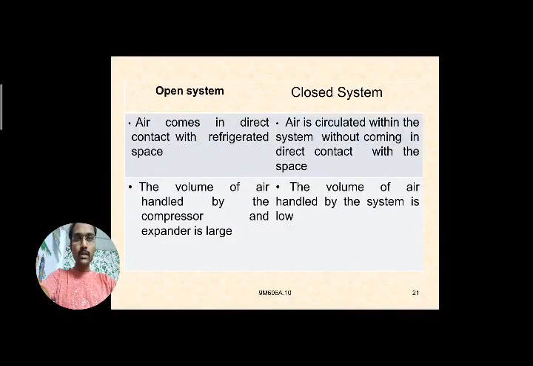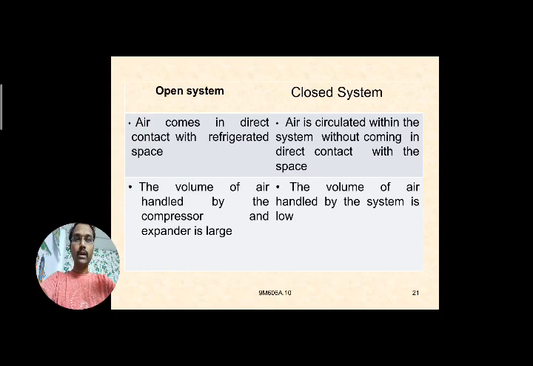In the open system, as we have seen, the air comes in direct contact with the refrigerated space. The air is directly supplied to the refrigerated space, and it makes direct contact with the substances present within the room. Whereas in the closed system, as we have seen in the theory part, the air is circulated within the pipes only.